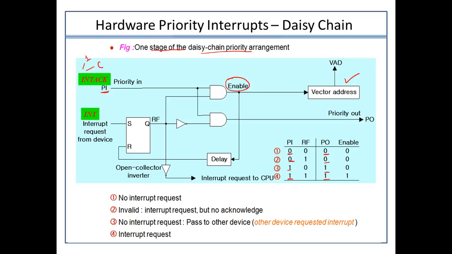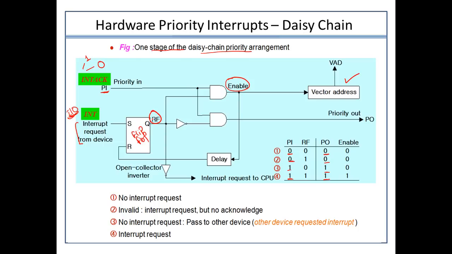If the acknowledgement signal is 0, it means nothing happened, so we need not bother about the entire diagram. Then there comes the interrupt request from the device. Definitely there would be a peripheral device. If any peripheral has sent the request, this is the flip flop we are using here to determine whether any particular device has sent the request or not.